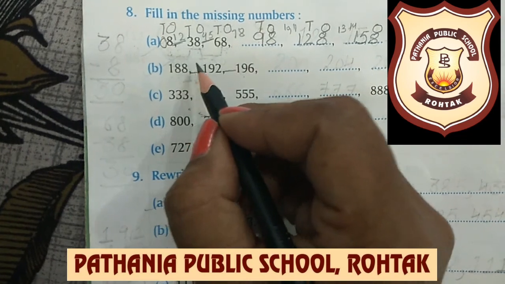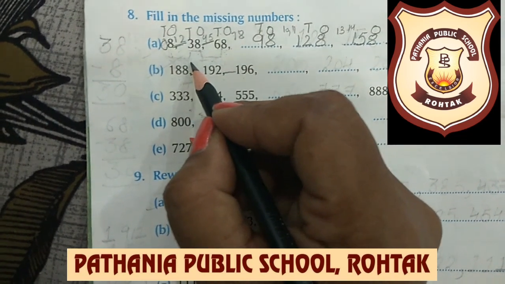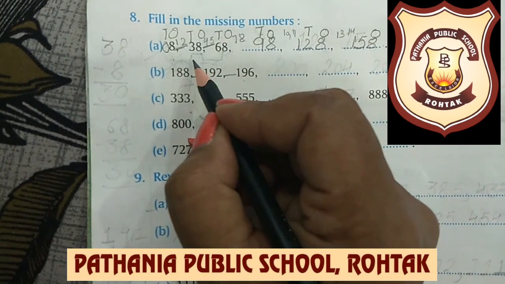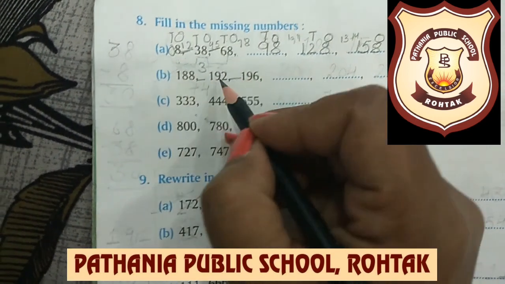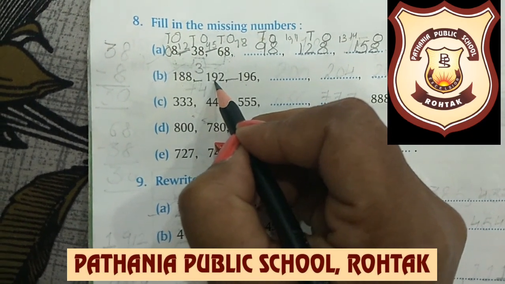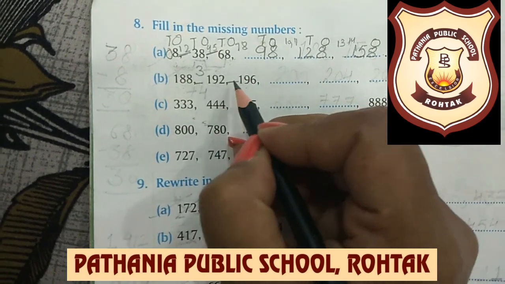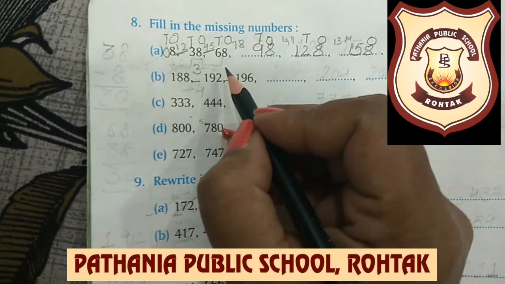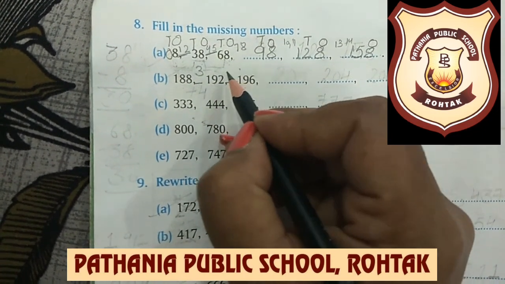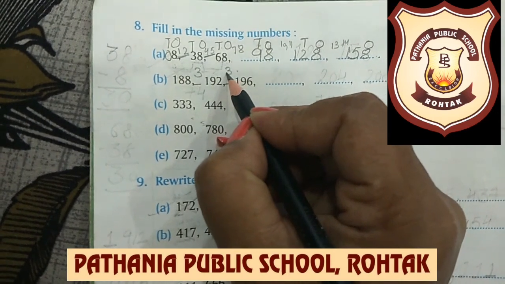After 188 we have skipped 189, 190 and 191, meaning 3 numbers we have skipped. Now again, starting from 192 to reach 196, how many numbers have we skipped? 193, 194, 195. Again we have skipped 3 numbers.